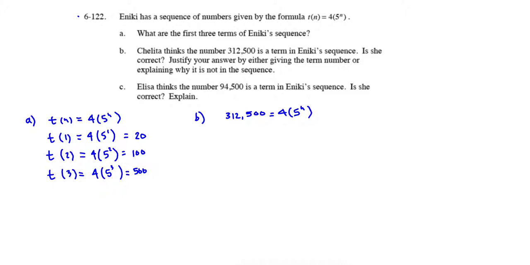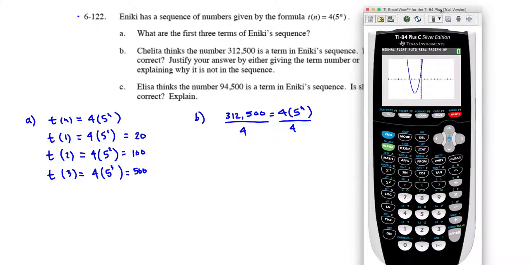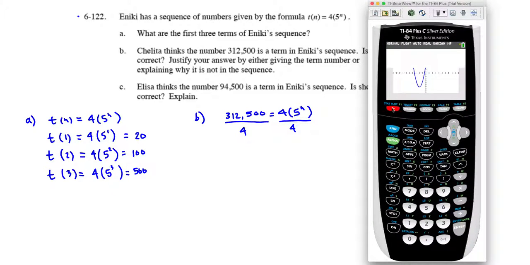Let's use some of our new methods for solving this. Let's first of all start out by dividing each side by 4. 312,500 divided by 4. Let's see what that's going to be. Let's just go ahead and do it on here.